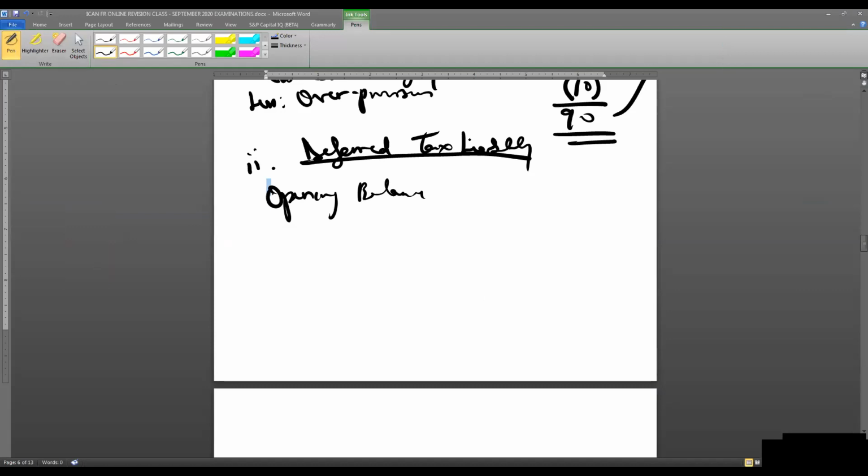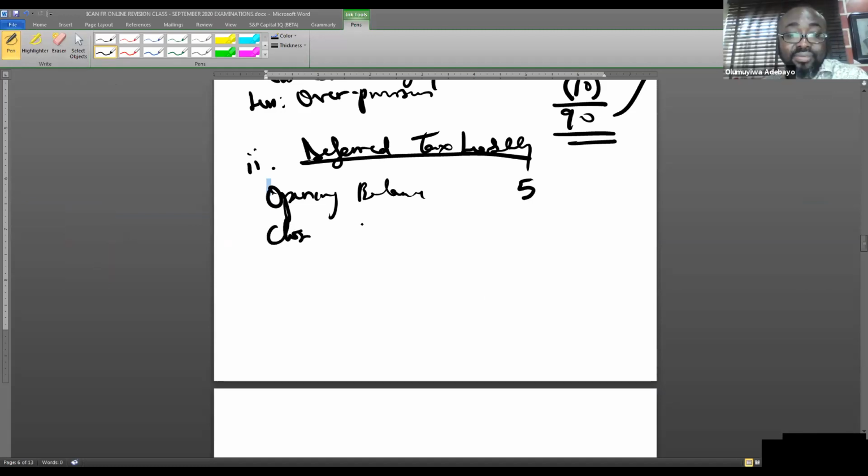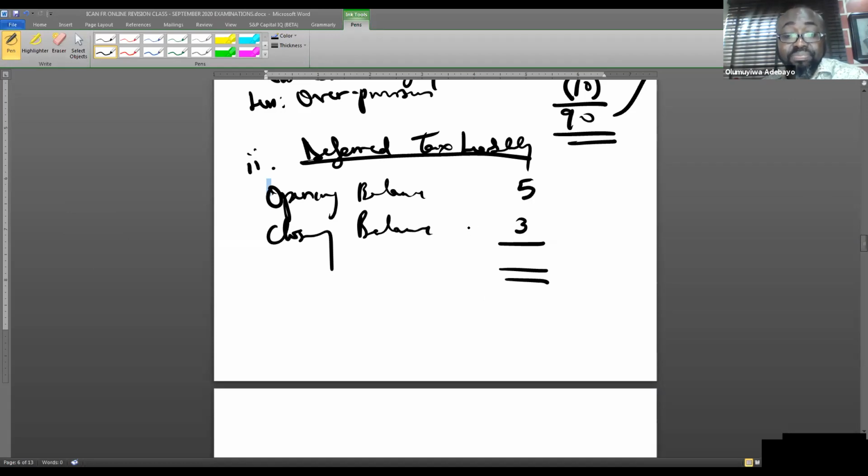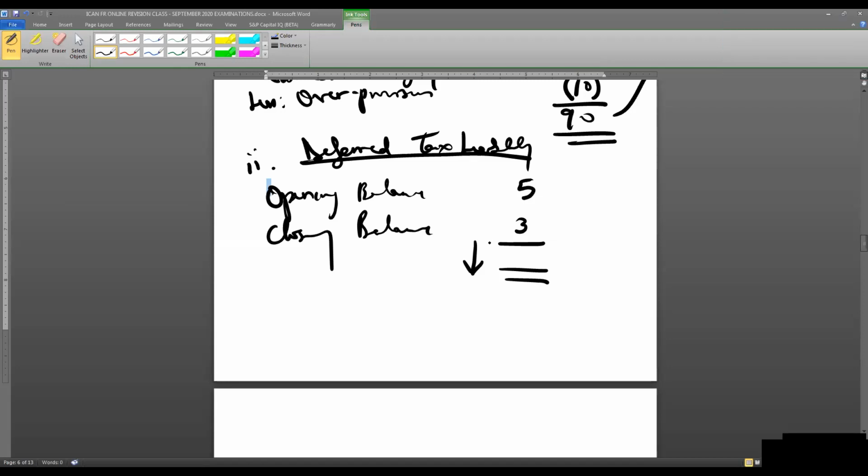While the closing balance was 3 million. Now the question is, is our liability increasing or decreasing? My liability is decreasing. At the beginning it was 5, at the end it is 3. It's decreasing by 2.